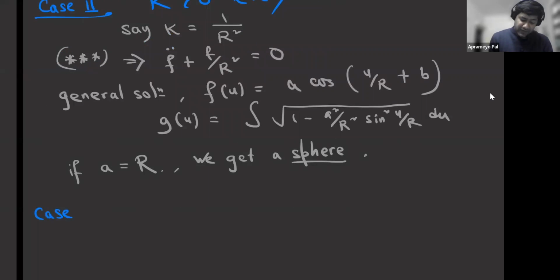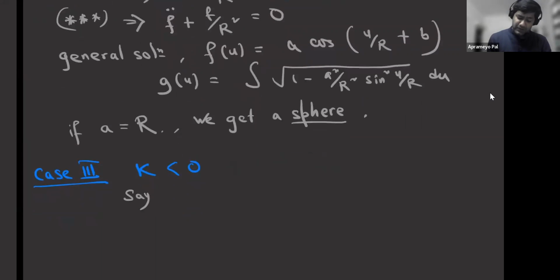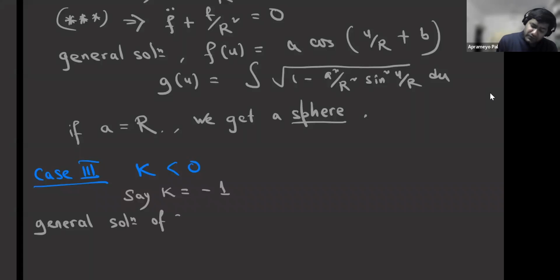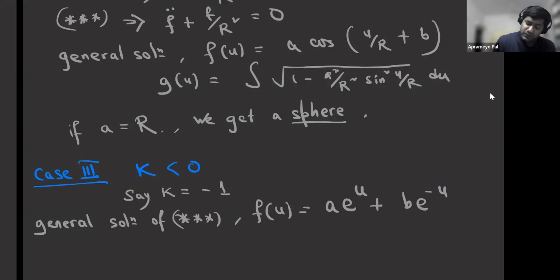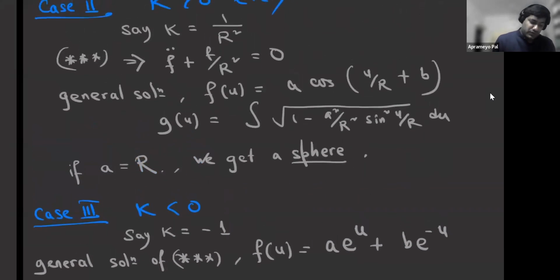And then the final example, which we have not seen yet, is strictly negative Gaussian curvature everywhere. Here we'll consider one particular case, let's say K equal to -1. Again, you can find a general solution of the equation star. For this case, f(u) is given by a e^u plus b e^(-u).